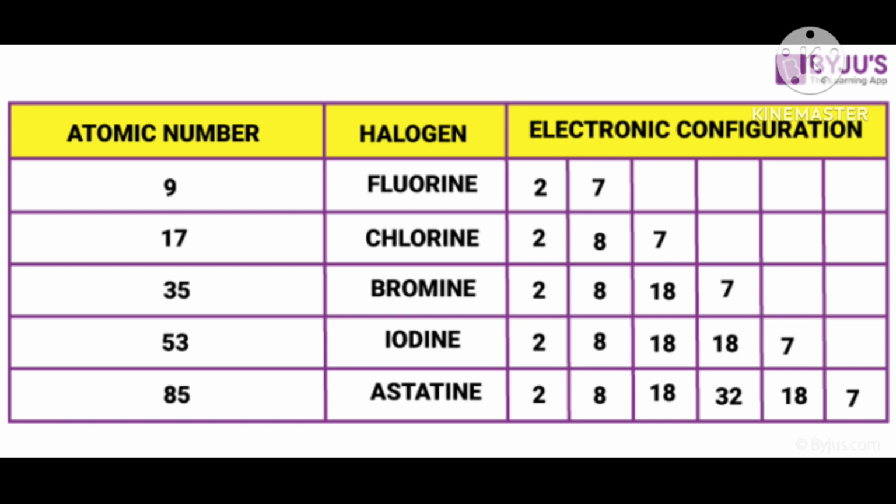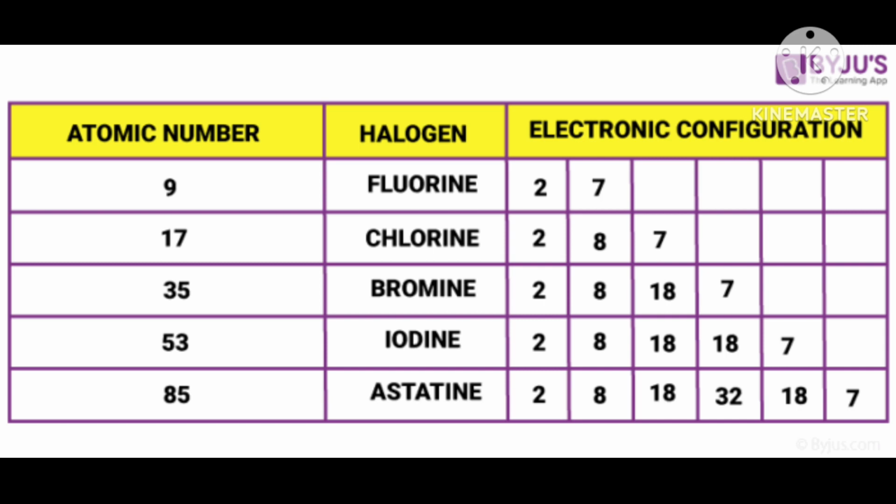Now electronic configuration. In terms of helium, neon, argon, krypton, xenon, I will write the complete octet, and after that the electronic configuration.